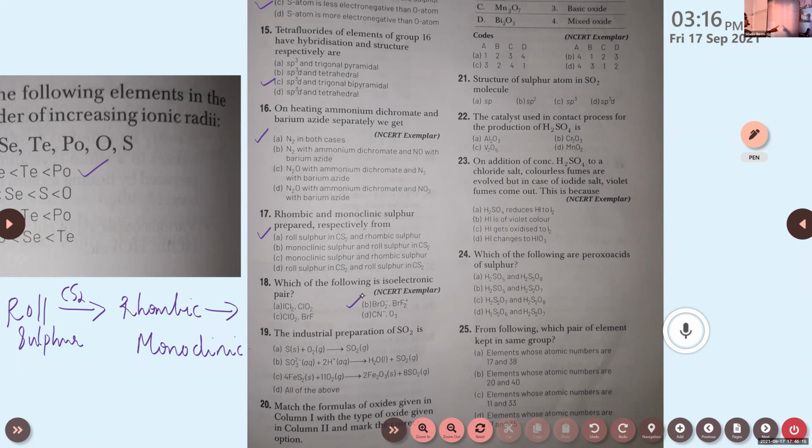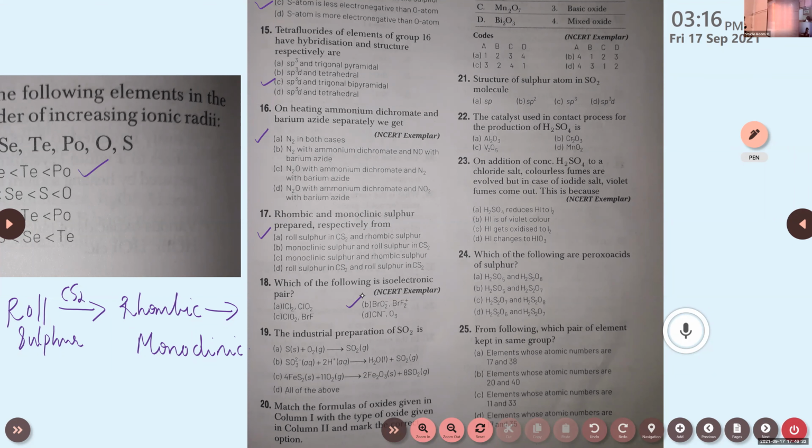I will show the method of finding the total number of electrons in BrO2 minus and BrF2 plus. The rest of the options you have to do yourself. Just a minute, ma'am, for writing.